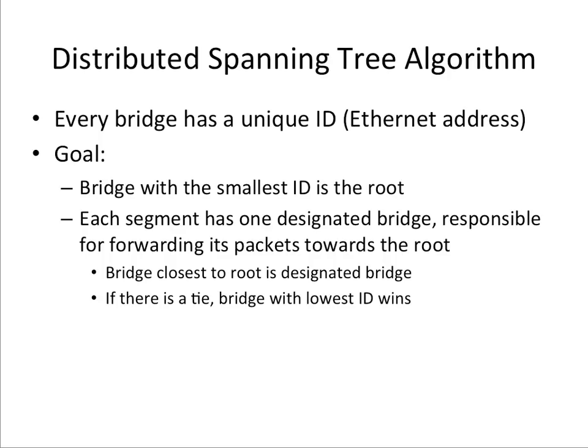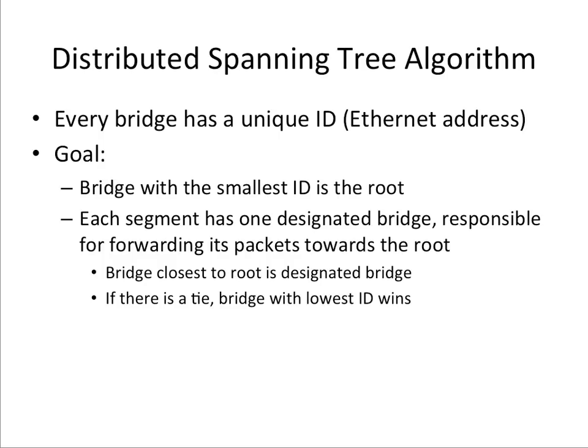The bridge closest to the root is the designated bridge, because you might be connected with different bridges, and one of those bridges might be many, many hops away from the root versus the other one, right? In which case you should pick the bridge that's closer to the root as your bridge. Okay?